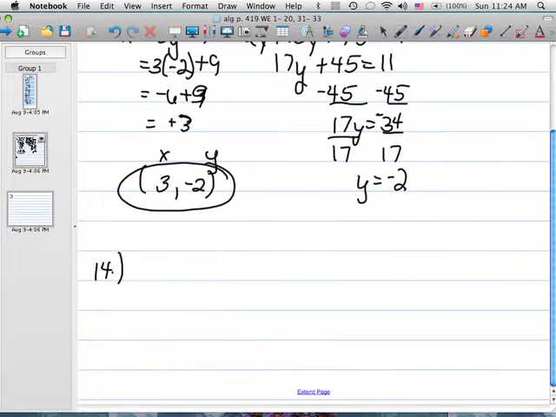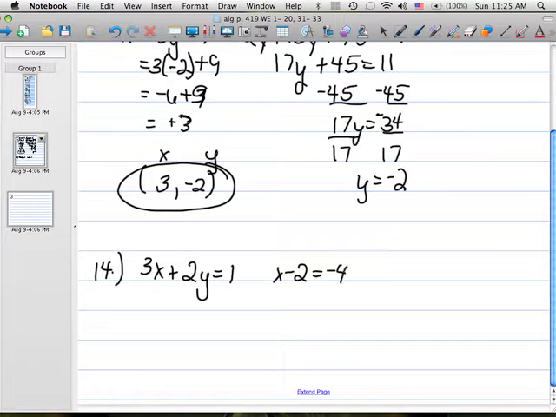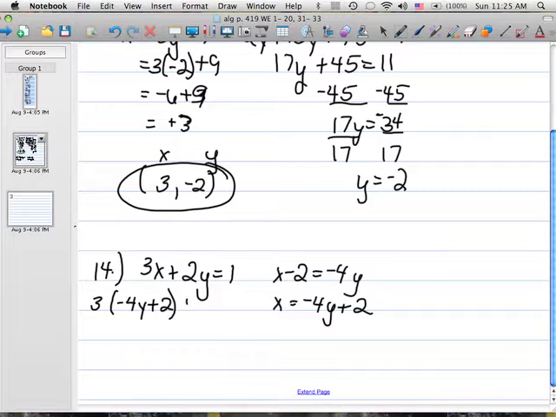Problem 14. We have 3x plus 2y equals 11, and x minus 2 equals negative 4y. I'm going to solve for x here. So x equals, add 2 to both sides, negative 4y plus 2. Substituting this in for x in the first equation, we get 3 times the quantity negative 4y plus 2 plus 2y equals 11.